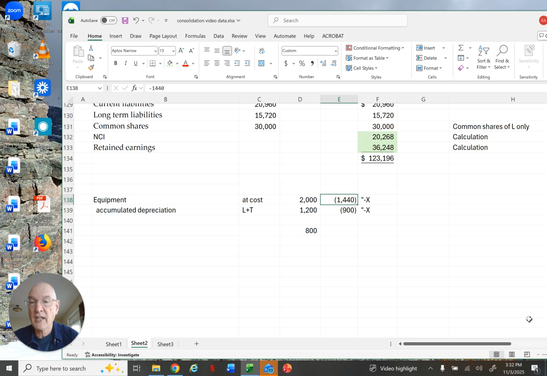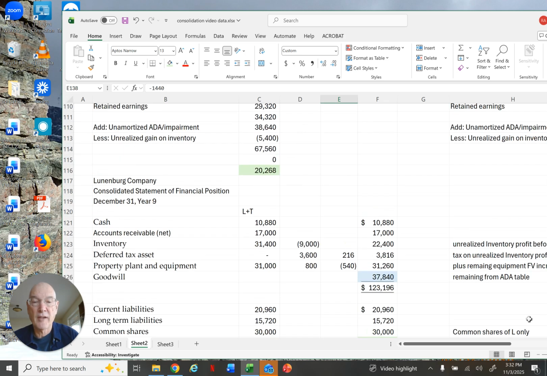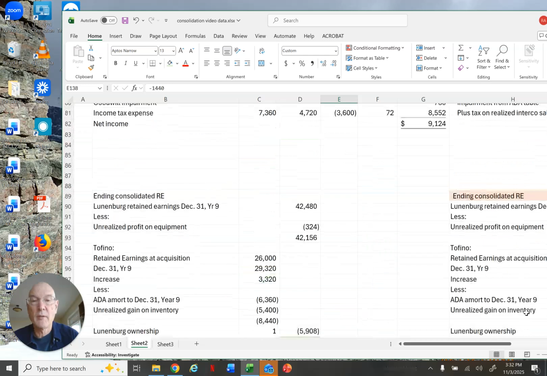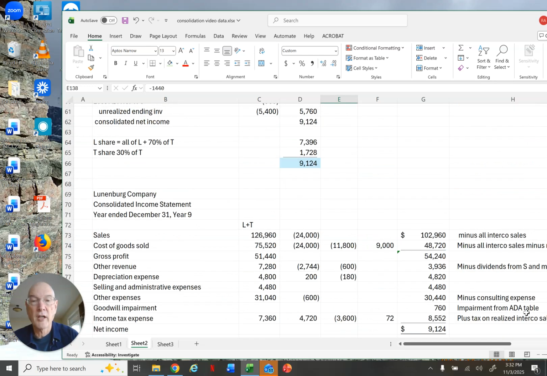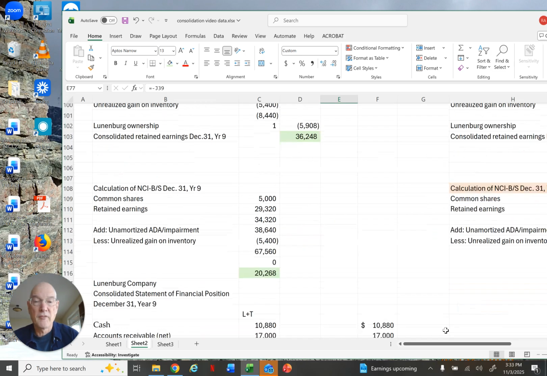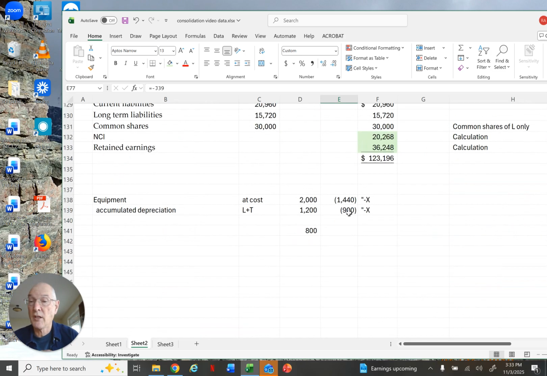And our accumulated depreciation for that has been over here on our income statement, $180 a year. So what we need to do is realize that accumulated depreciation, and here's a trick, it accumulates. It's not 180, it's all of those years times 180. So we've had accumulated depreciation on that intercompany equipment sale of minus $900.